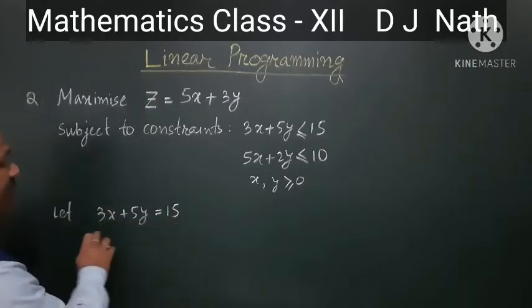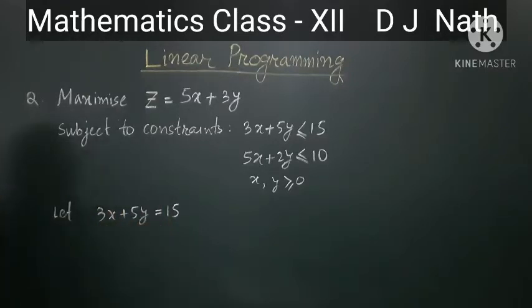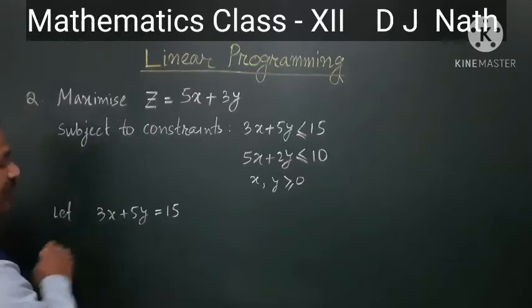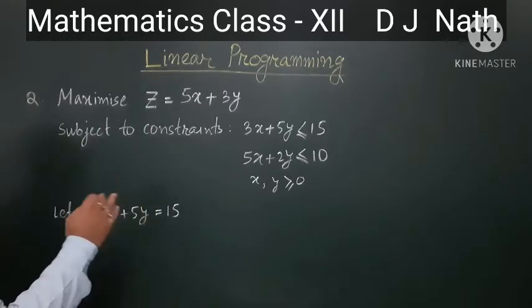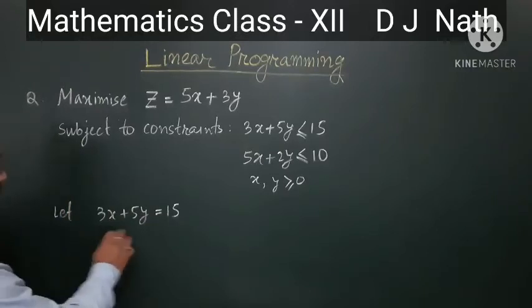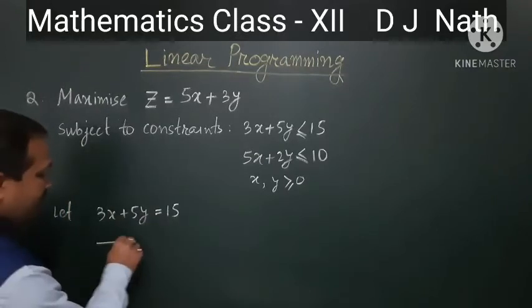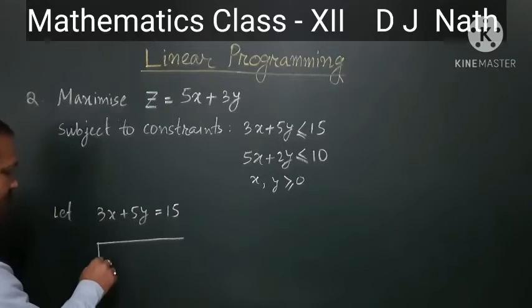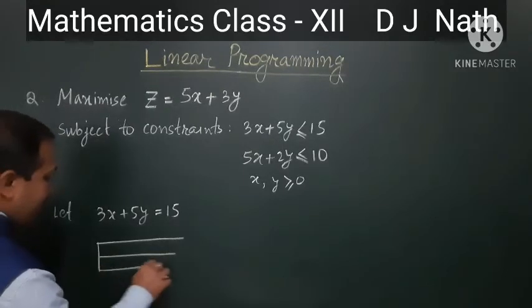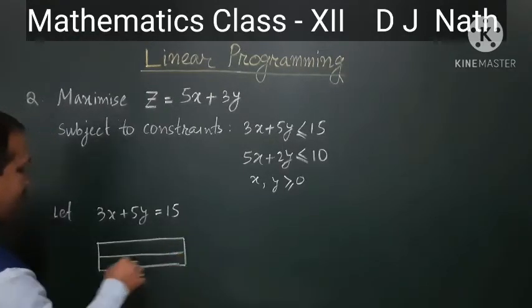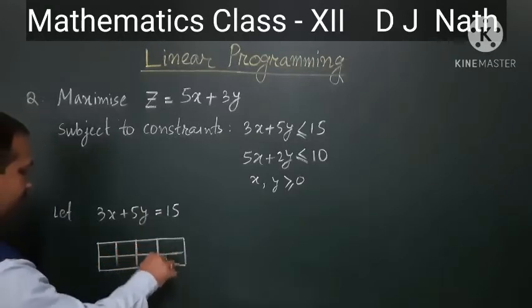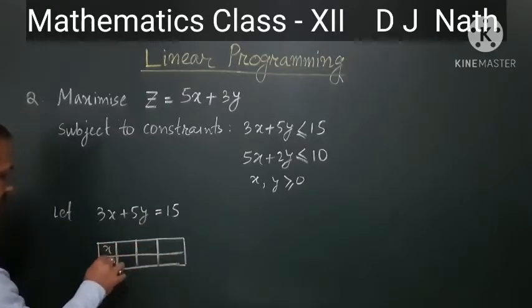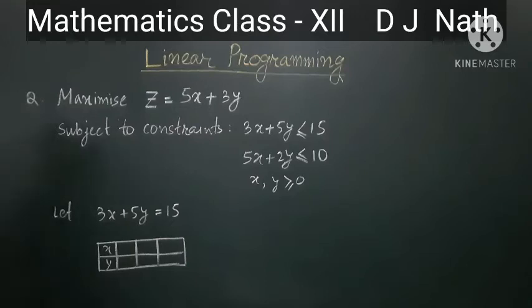So from that, what are the coordinate points? How will this graph be? From the graph, we will get the corner points. So what are the coordinate points for that? We will get that.